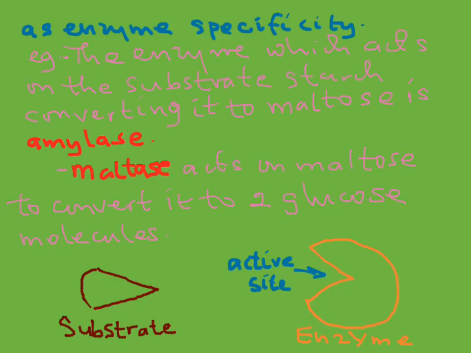Now look at the next diagram. This is an example of a substrate. If you look at the structure of this substrate, it is in conformity to the active site. Therefore, this substrate can conveniently bind to this enzyme to carry out a reaction.